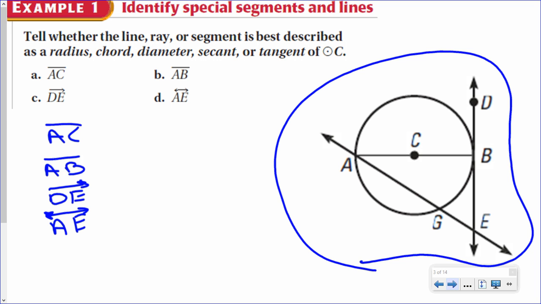If you're looking at AC, it stops at A and stops at C. So from A to C, that would be a radius. AB starts at A and goes to B, but it doesn't stop; it goes all the way across, so that's got to be a diameter.